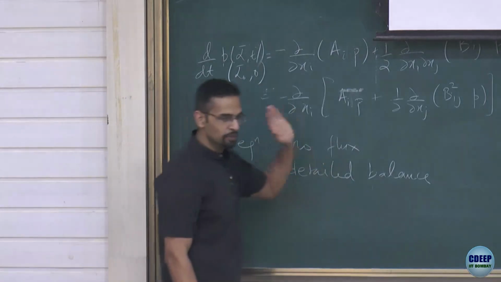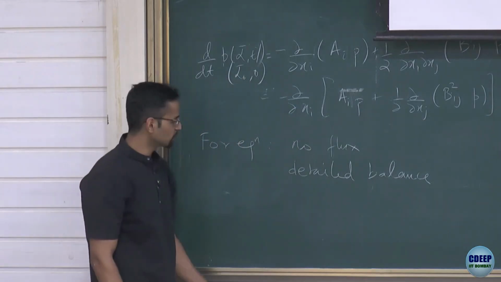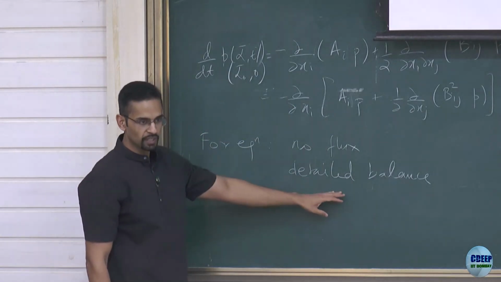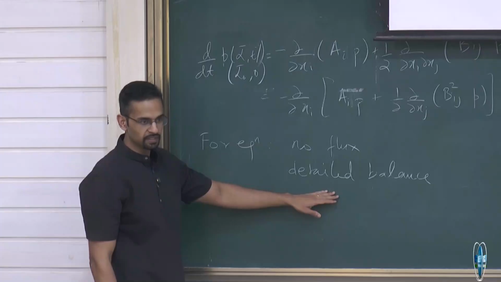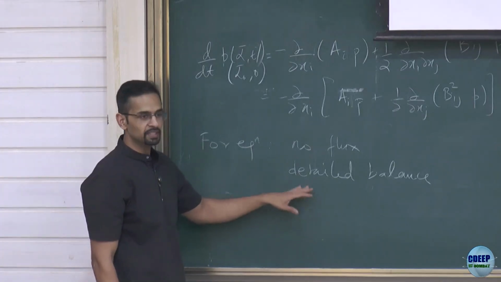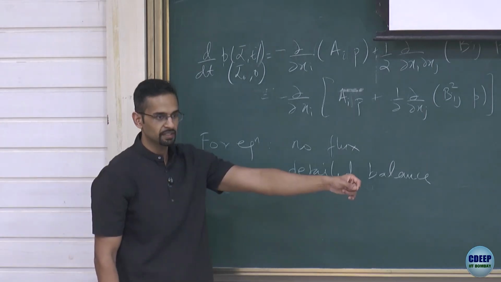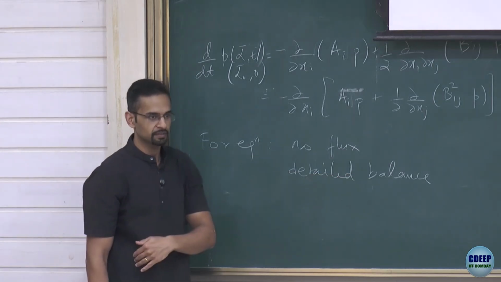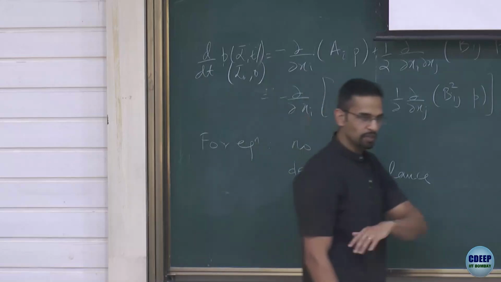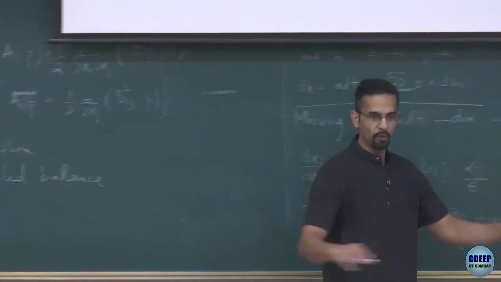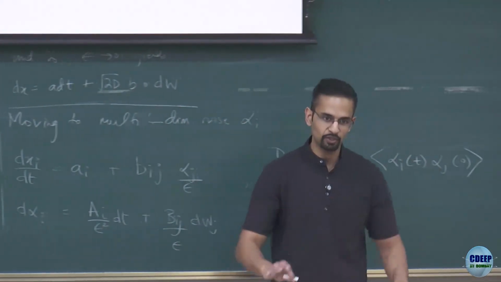Right? When you're at equilibrium and the flux is identically 0, right, you can also show that there will be what is called detailed balance in physics. Right? And what this means is that the probability of going from some alpha to another is the same as coming back.